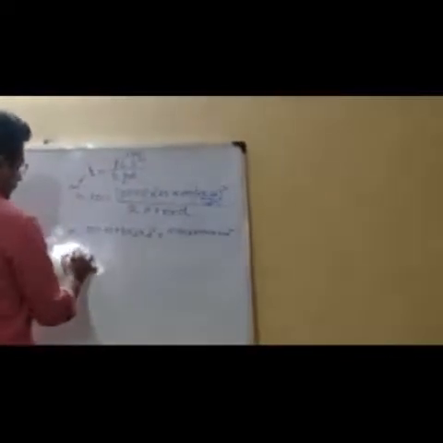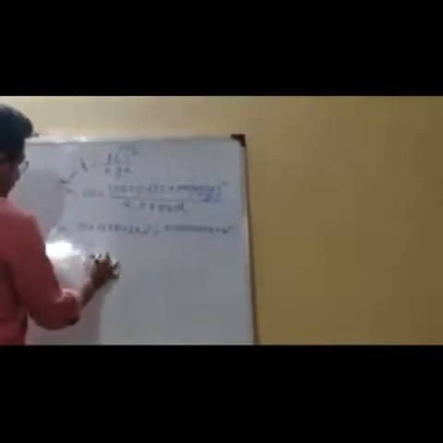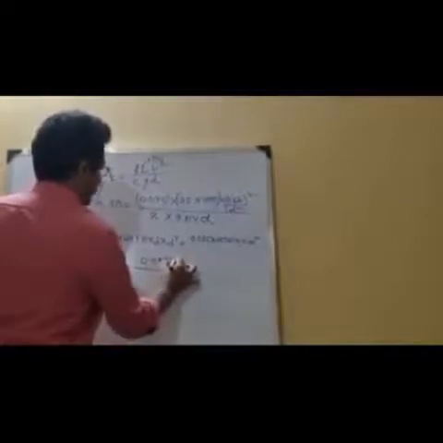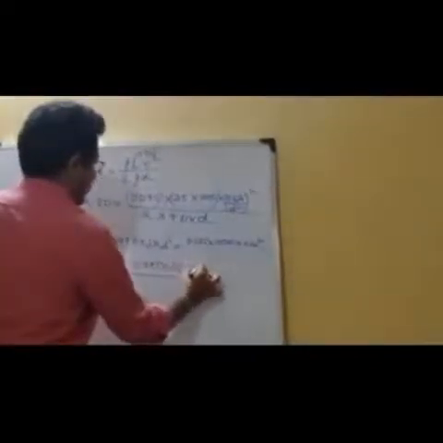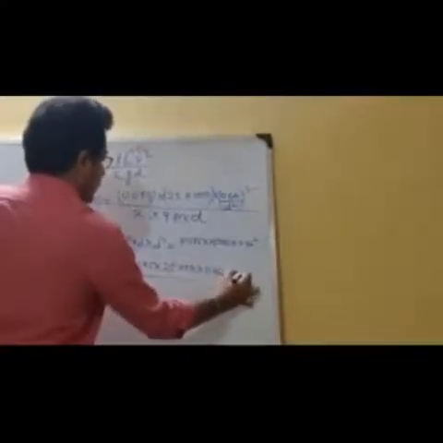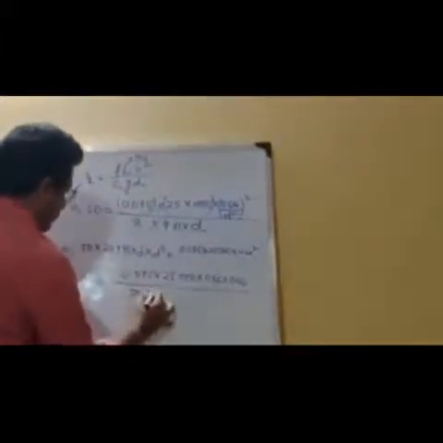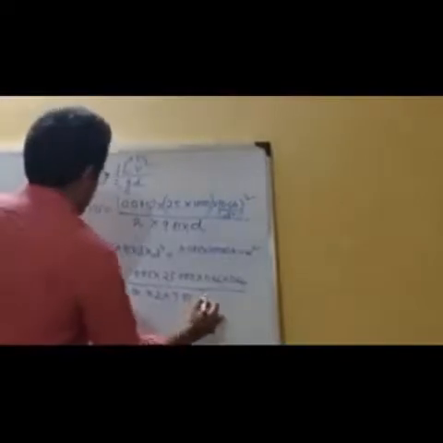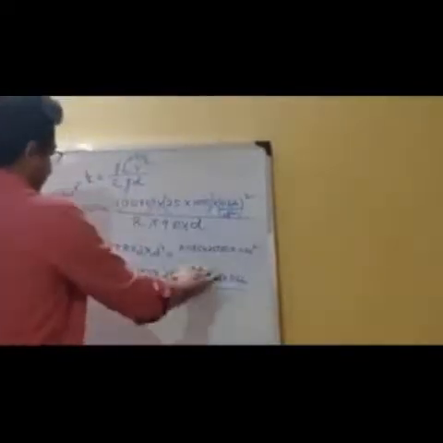Or d to the power 5 equal to 0.075 into 25,000 into 0.66 into 0.66 by 50 into 2 into 9.81. Now we can simplify d to the power 5 equal to something.